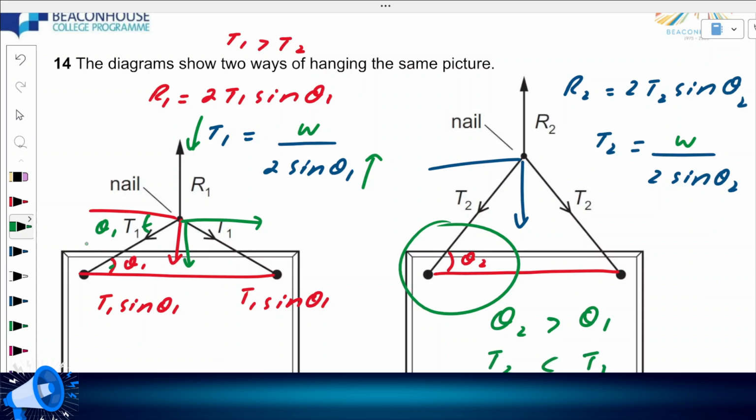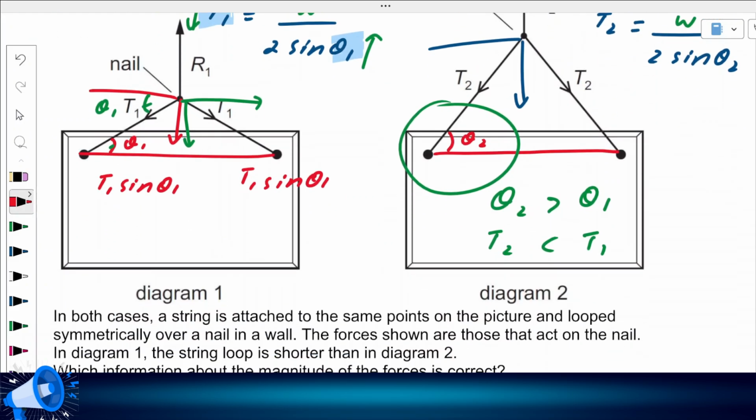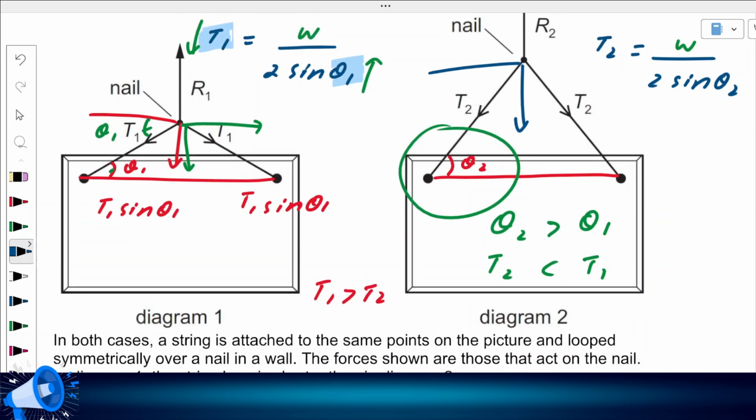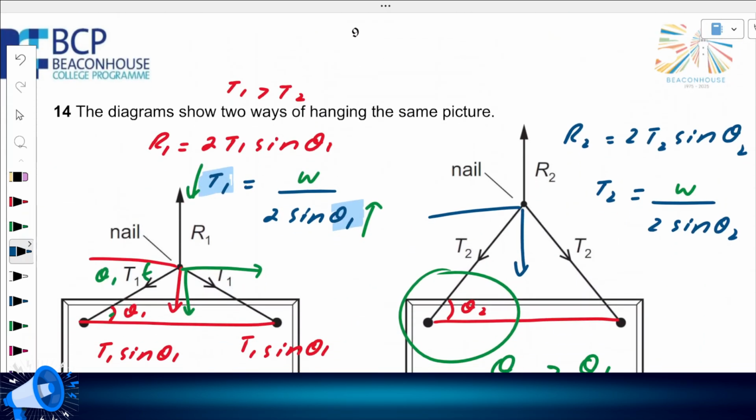They are inversely related. You see, if I increase theta, then tension would decrease. That's why we know T2 is less than T1, or T1 is greater than T2. But this is just for confirmation. If you are smart enough and want to save time, the question should have been solved within seconds.